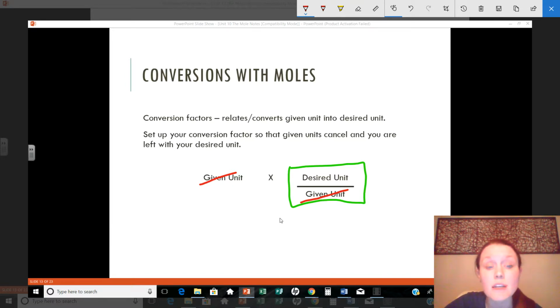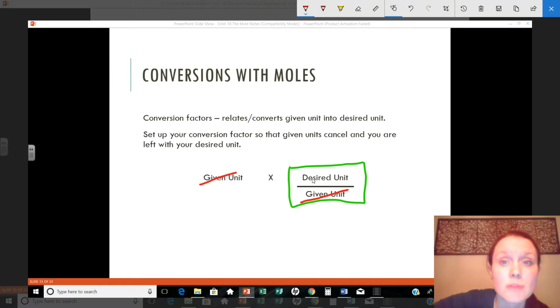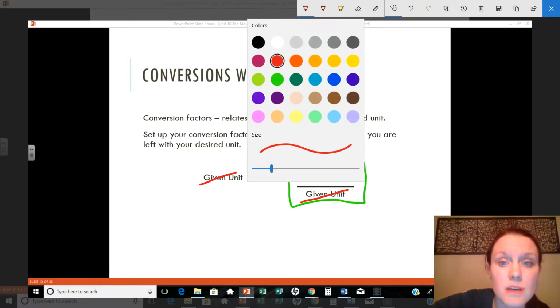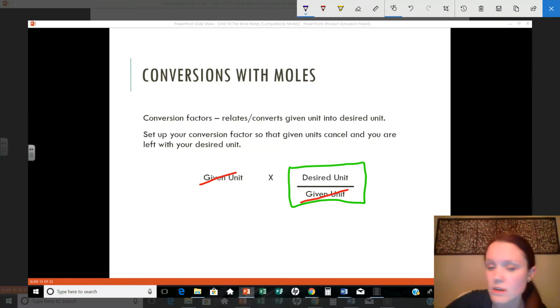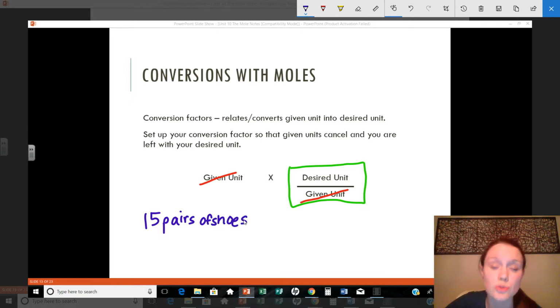Another thing about conversion factors is that they are always equal to 1. Let me show you what I mean with an example you're all familiar with. If I told you I have 15 pairs of shoes in my closet, but I want to know how many total shoes I have, you could calculate that using a conversion factor.